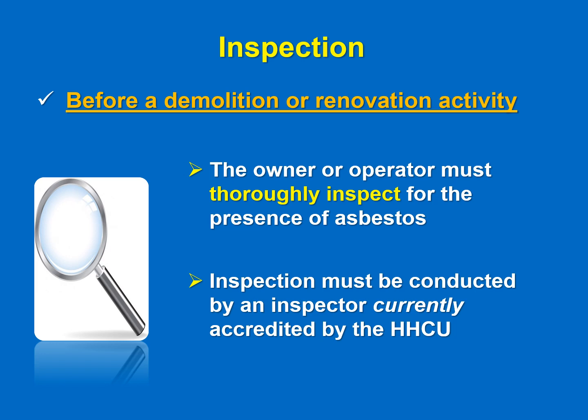So the building owner, or the operator in charge of that process, must thoroughly inspect for the presence of asbestos. The inspection must be conducted by an inspector who is currently accredited by the HACU.